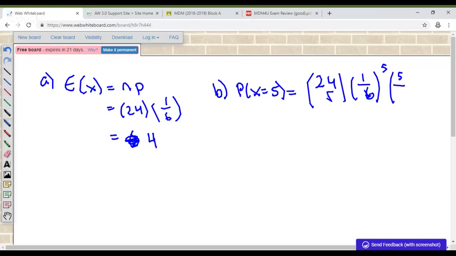The probability of failure is 5/6, and I need 19. Be careful here. Do not attempt to use 1/6 as a decimal. Make sure you're typing it in as a fraction. So 24 choose 5 times 1/6 exponent 5 times 5/6 exponent 19. Oh, I just cleared the whole screen for no reason.